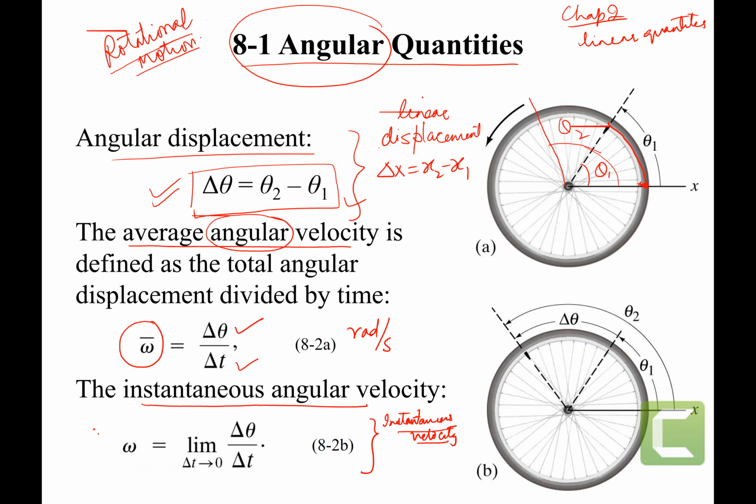And similarly, we have instantaneous angular velocity, which means when the time lapse is very, very small, the shift in angle delta theta over delta t for that brief interval of time at that very instant gives the angular velocity. Okay.